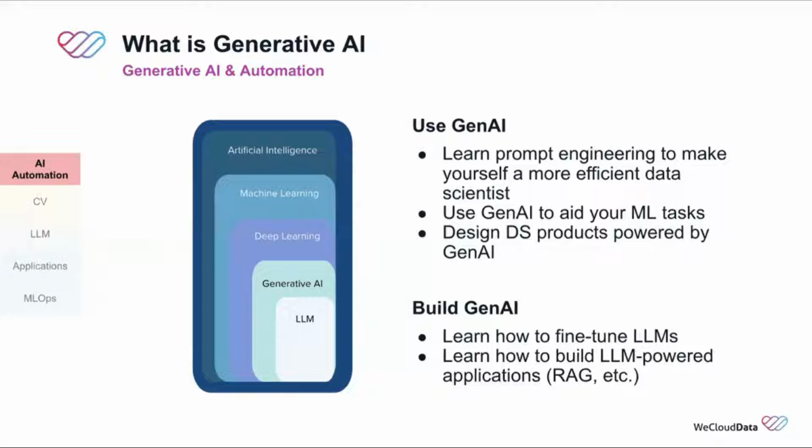And generative AI is part of deep learning. I think it's powered by deep neural networks. Most of the Gen AI applications use deep neural networks, and it focuses specifically on generative models and generative tasks. Anything related to generating images, videos, generating text, audio. So those are generative models.